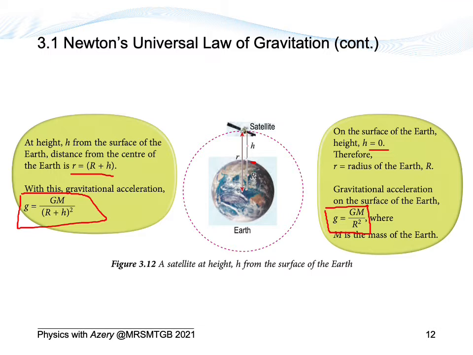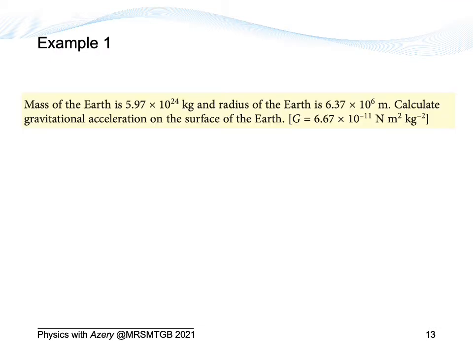Okay, let's see an example. Given the mass of the Earth and the radius of the Earth, calculate the gravitational acceleration on the surface of the Earth. So we know that on the surface of the Earth, it means h is equal to 0.